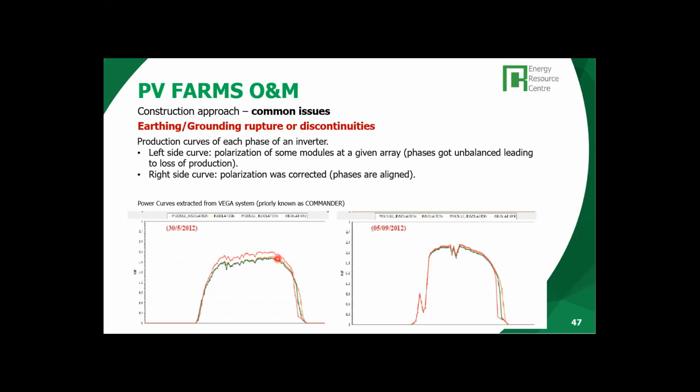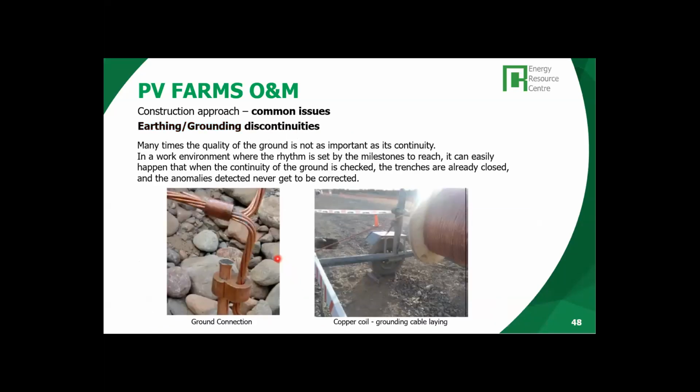This problem was detected by an operator of the SCADA, a human person. After 2 months of investigation, the problem was resolved: there was a problem of discontinuity of earthing.